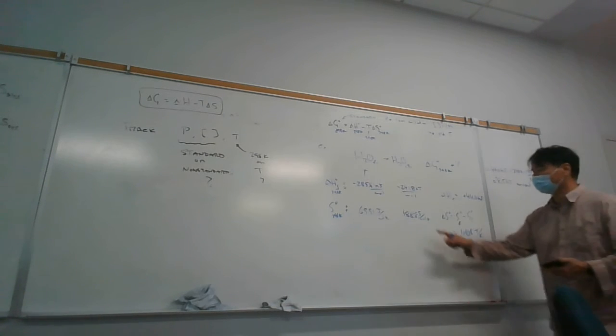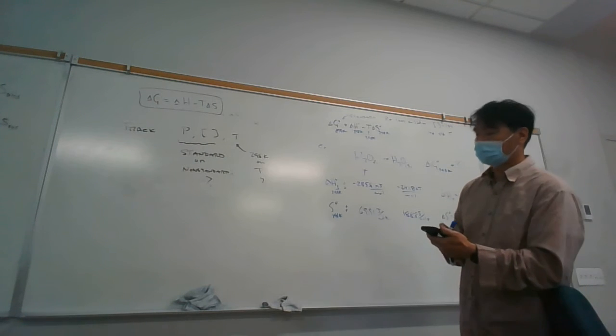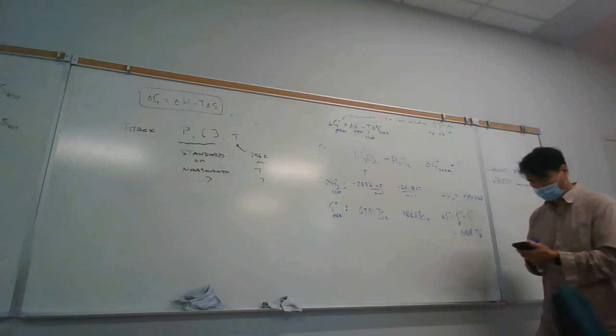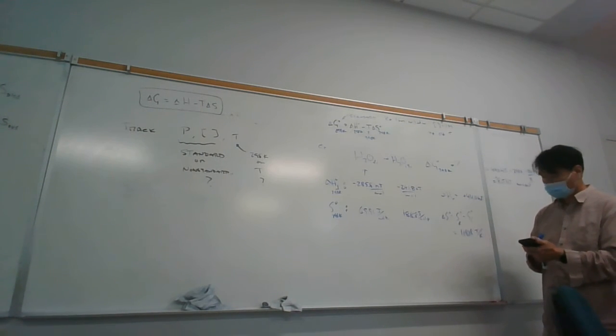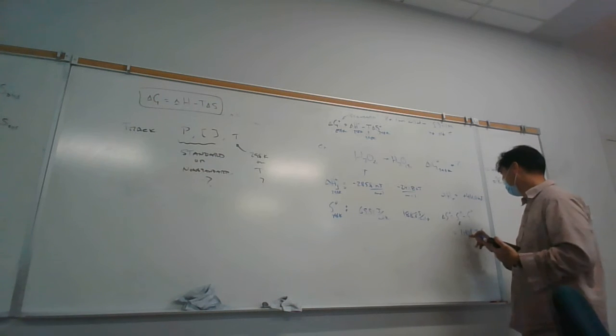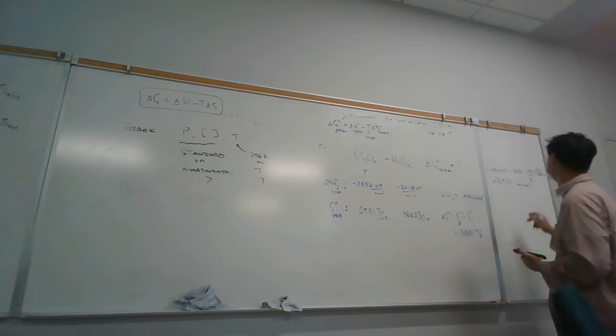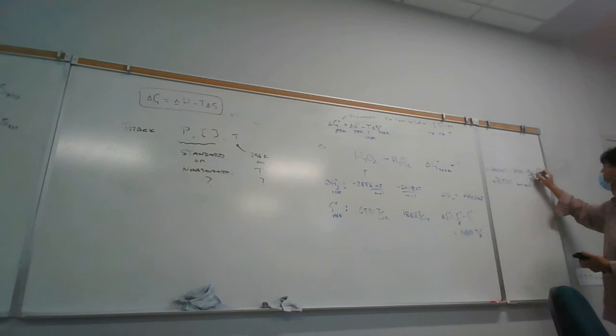Let me do this on one line: 188.8 minus 69.94 is 118.89. So this should be 118.89 here.